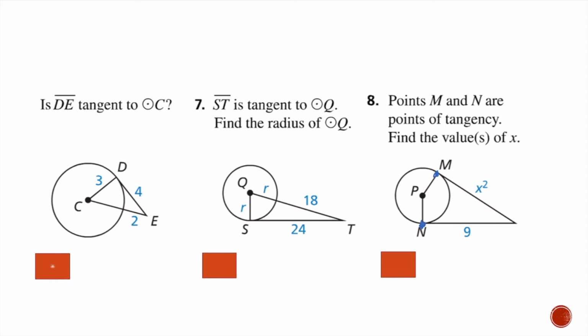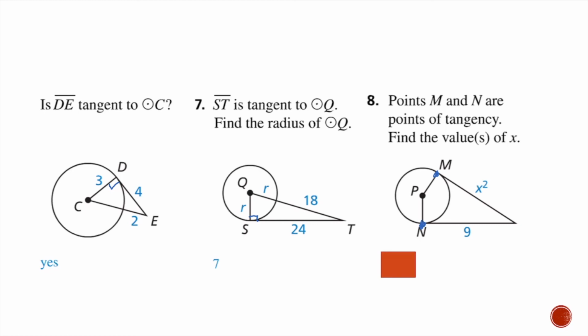All right. So hopefully you said yes, because you saw that that was 90 degrees and it worked. r is equal to 7. Because ST is tangent, you know that this is 90 degrees, and then you can use the Pythagorean theorem to solve like we did in the previous example.